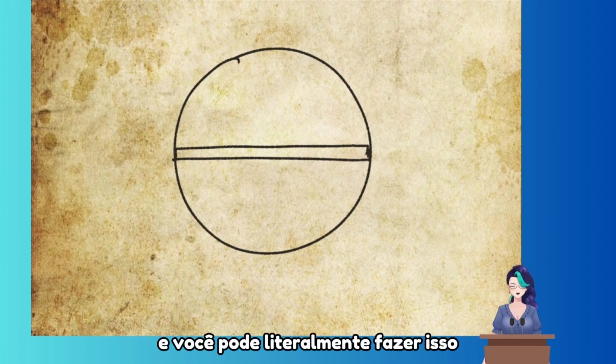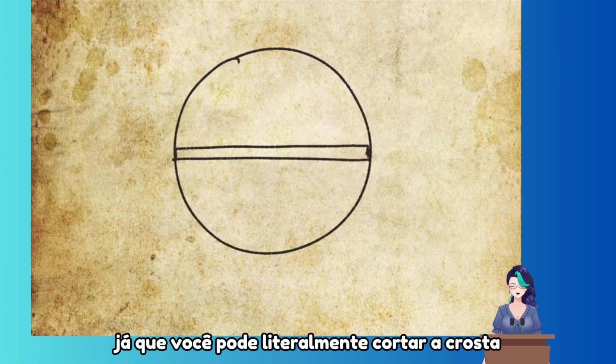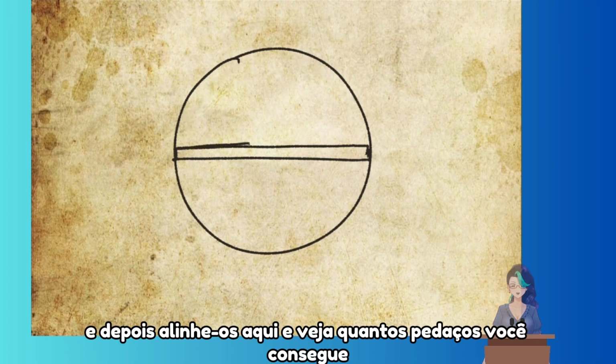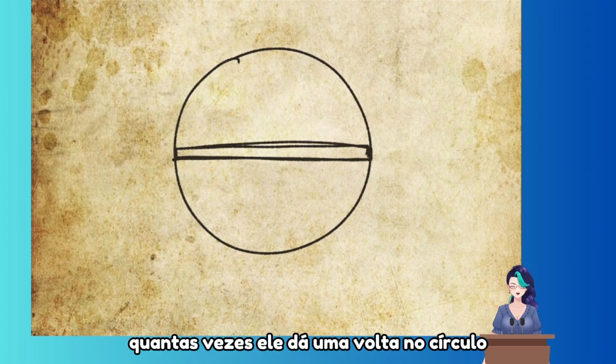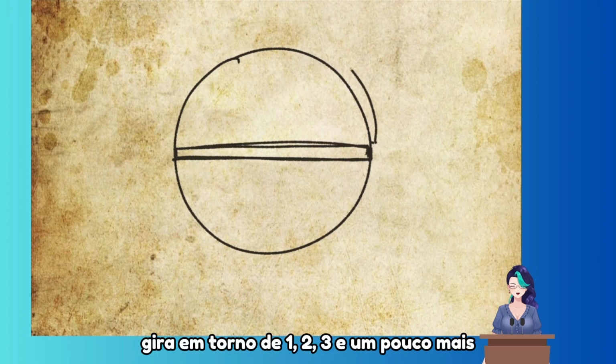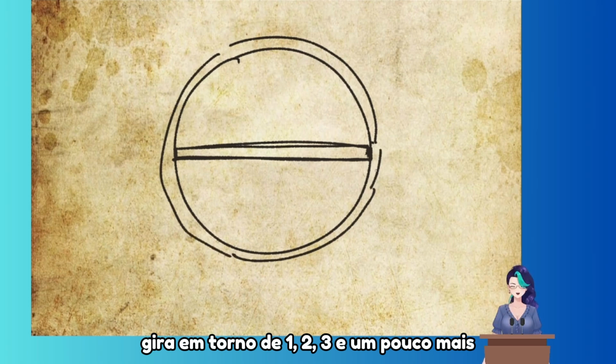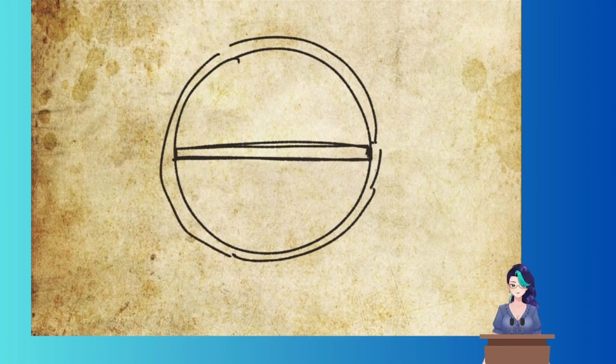You can literally do this next time you get a pizza: cut off the crust and line it up here and see how many you get. Really, it's the other way around. How many times does the width go around the circle? It goes around 1, 2, 3, and a little extra. And that little extra is 0.14.